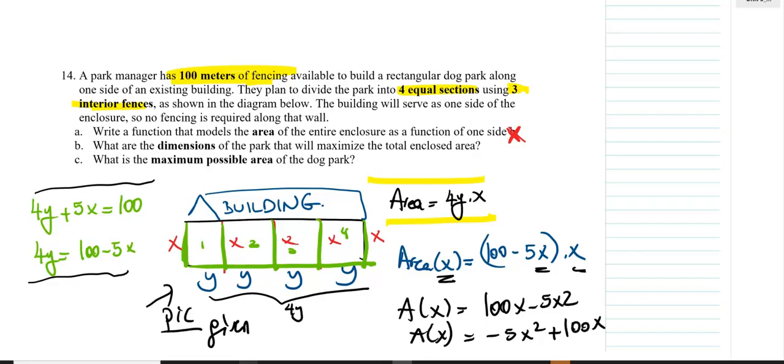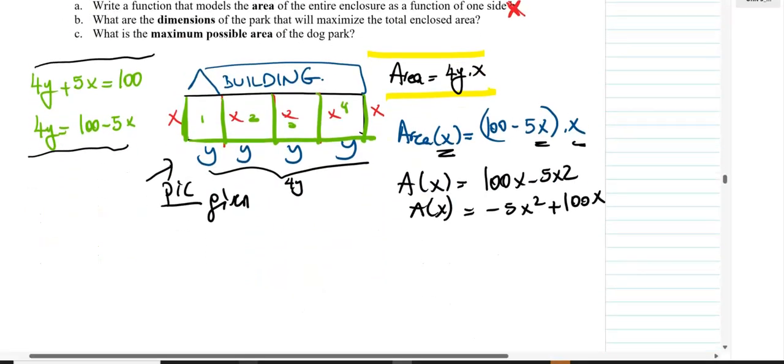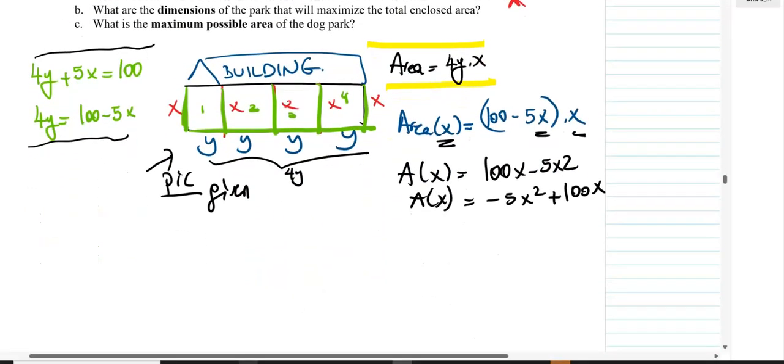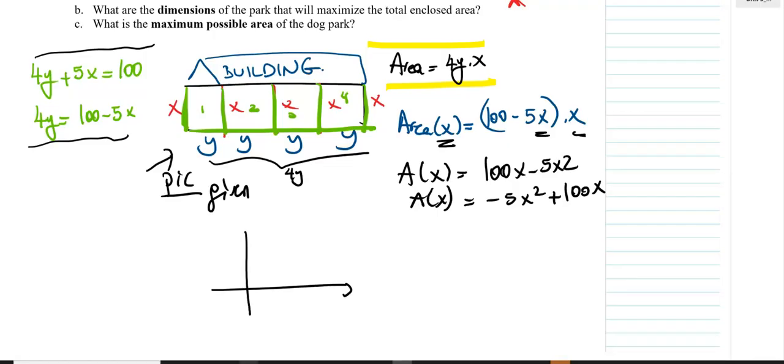That is the area, and we want to have the maximum of the area. It will be something like this parabola, because it's negative 5. That's less than 0, so we can find the maximum.